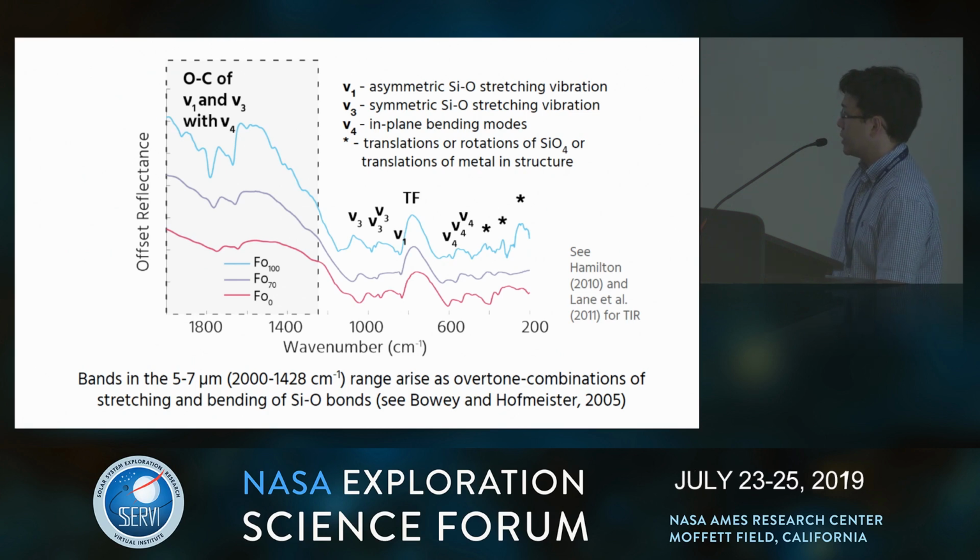What's particularly exciting is that the fundamentals of these bands, as shown by Vicki Hamilton and Melissa Lane and others, exhibit systematic changes in their band positions with respect to magnesium and iron chemistry of olivine. So the major question in this study is what changes do we observe in the band positions of olivine with respect to magnesium-iron chemistry, and how do natural and synthetic pure samples compare to each other?